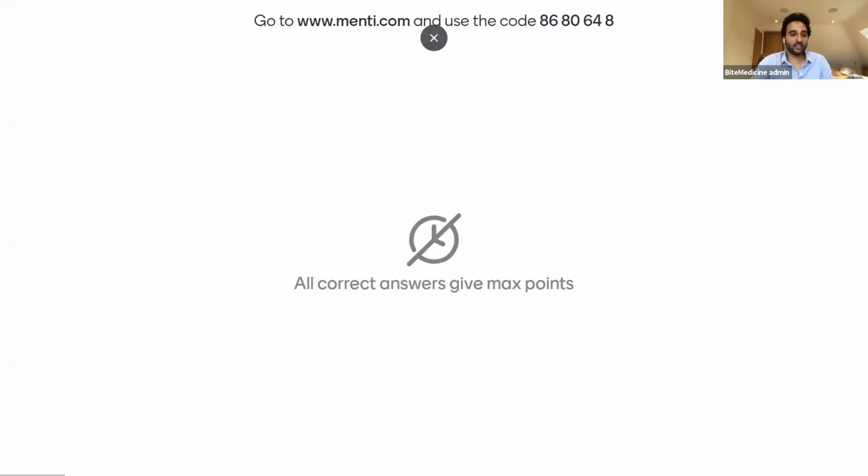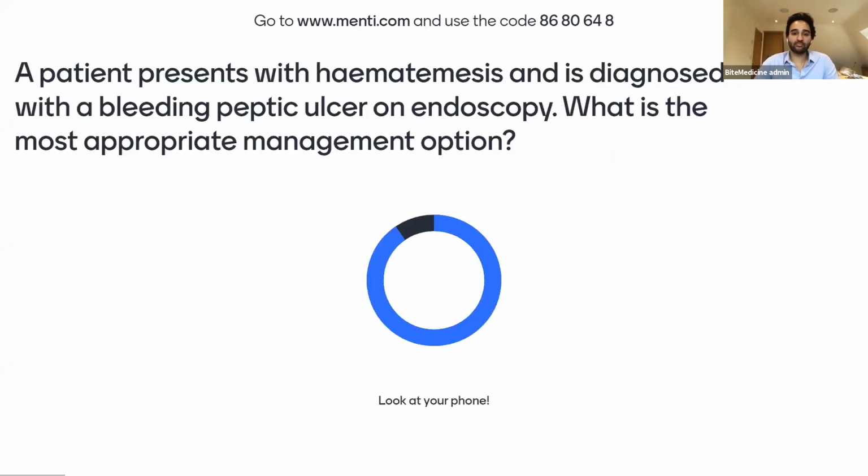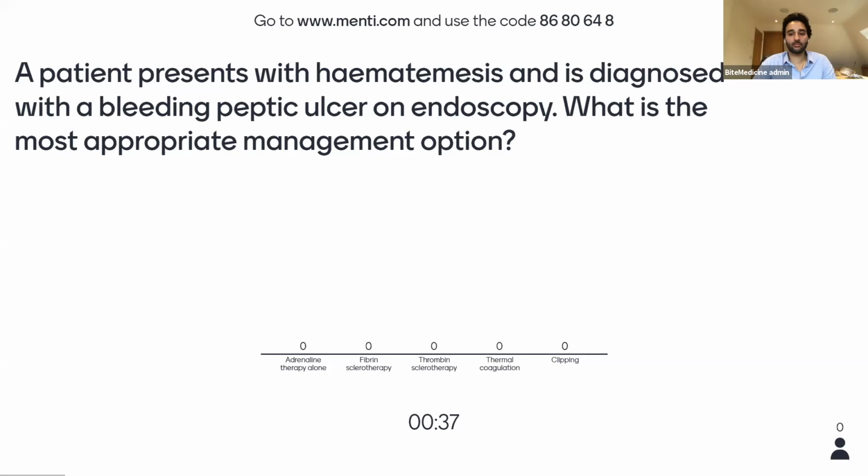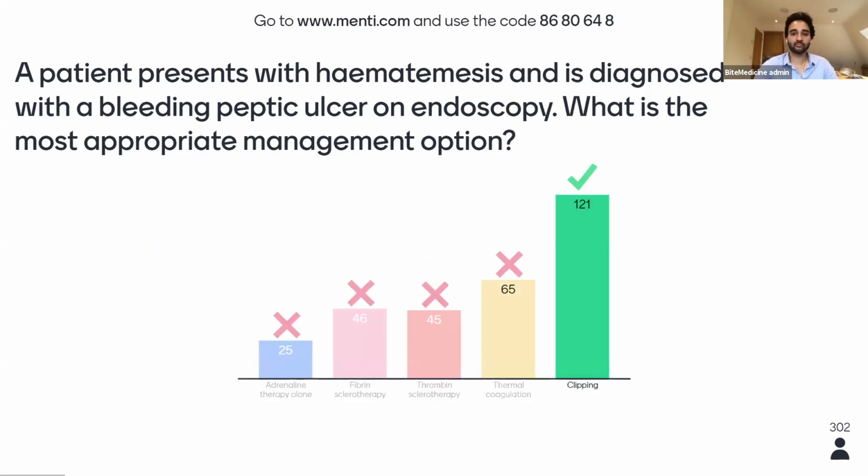Remember, it's not about speed, it's about accuracy for all of these ones. Very good. You guys are acing this so far.